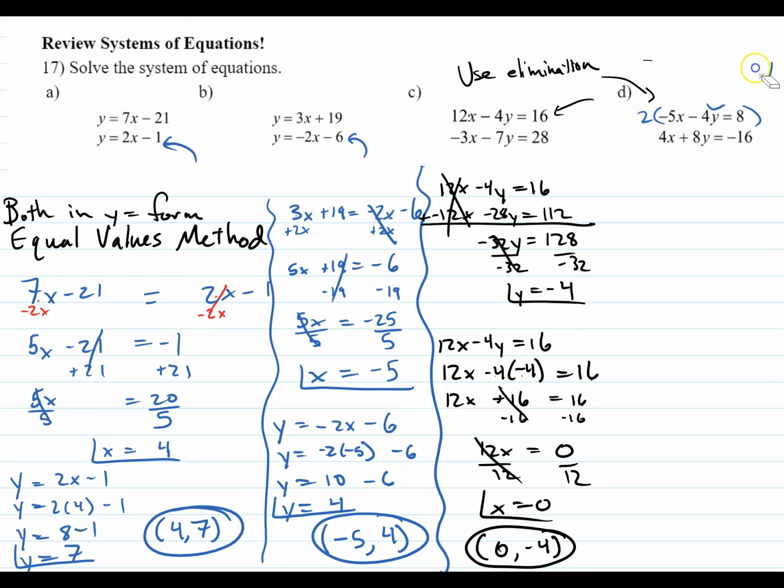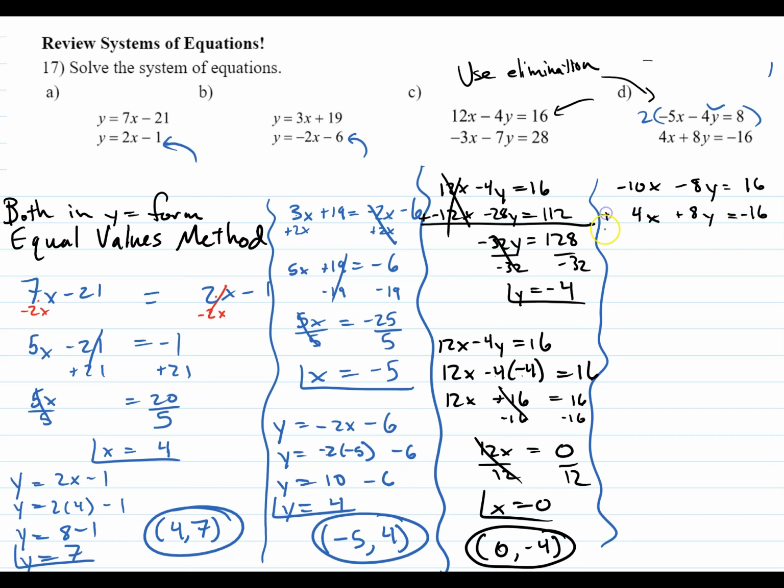So let's do it. 2 times negative 5x is negative 10x. 2 times negative 4y is negative 8y equals 8 times 2 is 16. Keep the bottom equation the same.